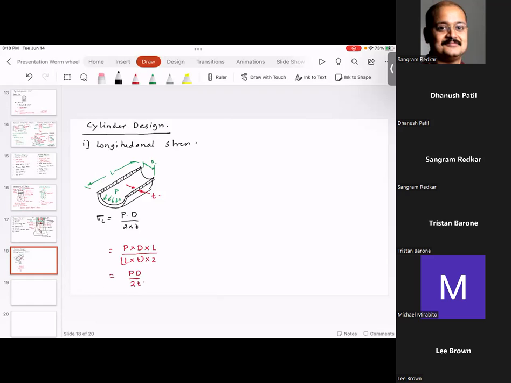If you look at the circumferential or the hoop stresses, sigma C is PD by 4T.